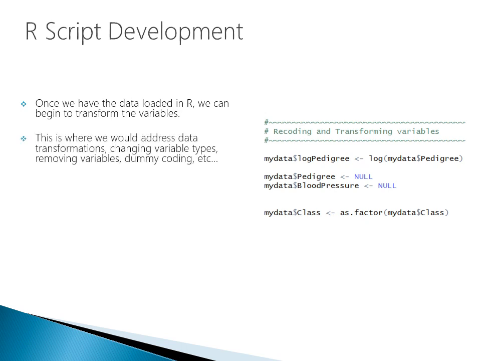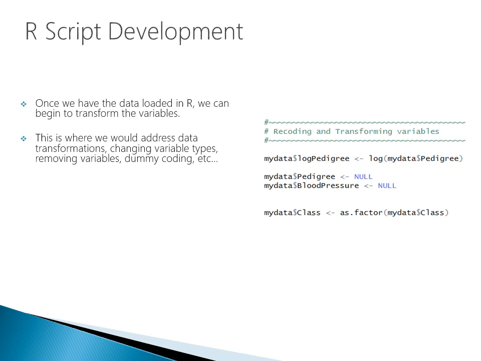This section is where we would address any type of data transformations, changing of variable types, removing variables, dummy coding, etc. Now, if you notice, on the left-hand side at the top, I have my data, which is the data frame that I've brought in. Then I have a $ sign. After the $ sign, I have the name of a variable. And in this case, the variable I'm talking about is log pedigree. And this is a new variable that I'm just creating. It doesn't exist in the data set.